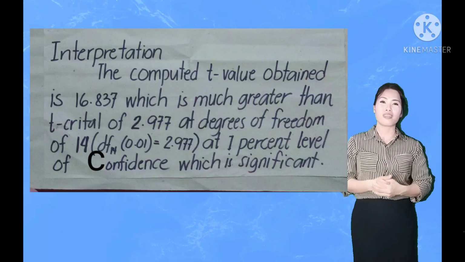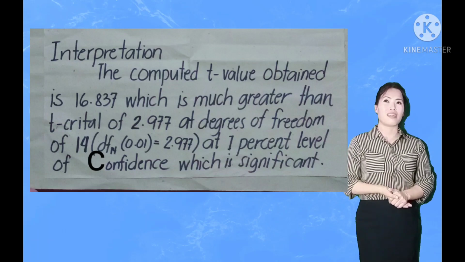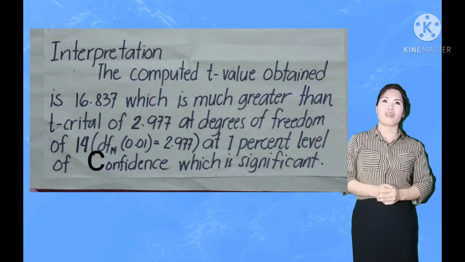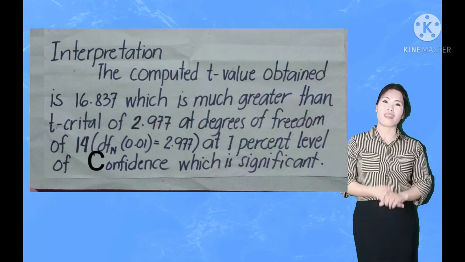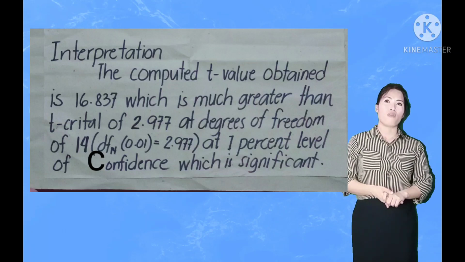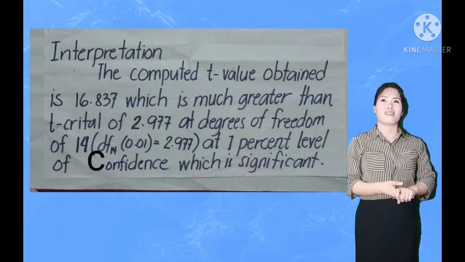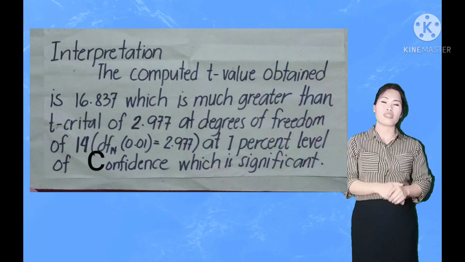So our interpretation is that the computed t value of 16.837 is much greater than the t critical value of 2.977 at degrees of freedom of 14, at 0.01 level of confidence, which is significant.